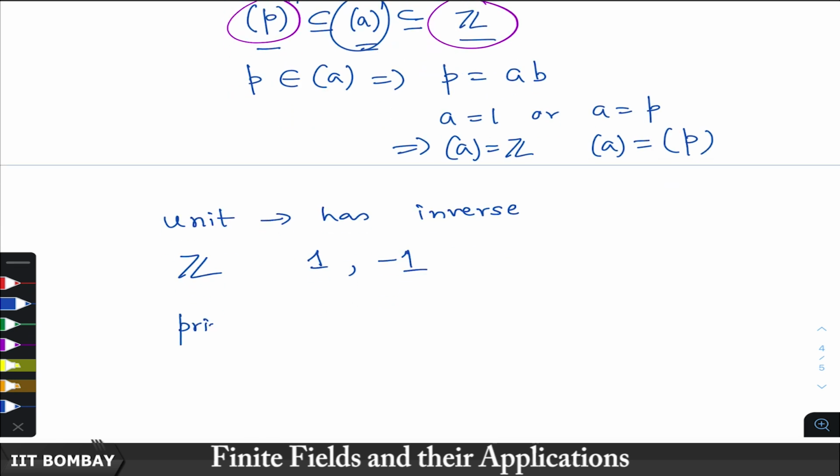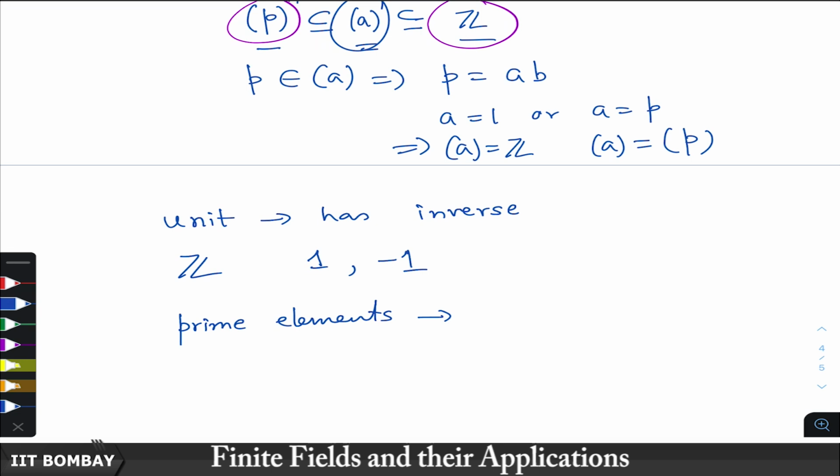There are prime elements. They generalize the concept of prime numbers. We have also seen prime polynomials which cannot be factored. So, that concept is generalized here.